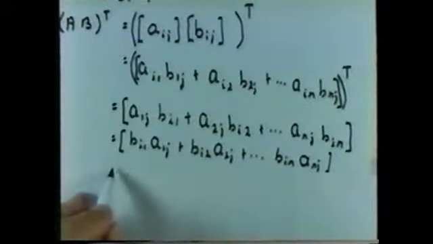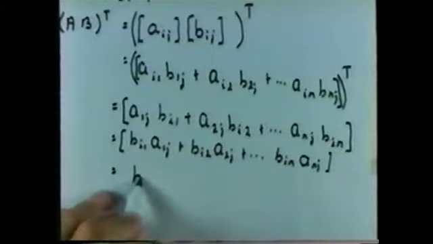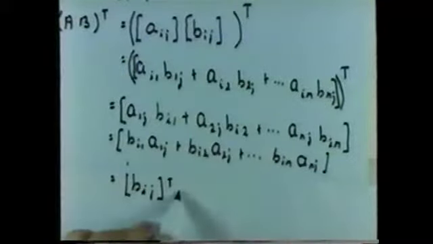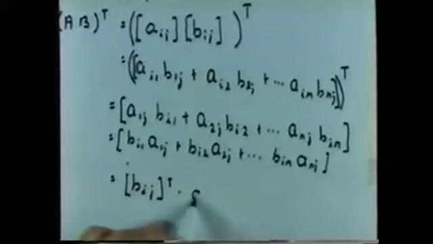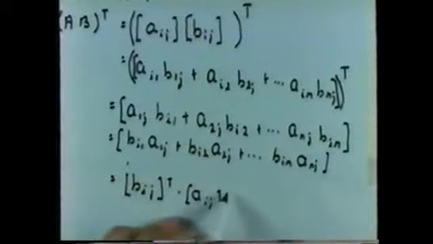And we recognize this as being the B transpose times the A transpose, which is B transpose A transpose.